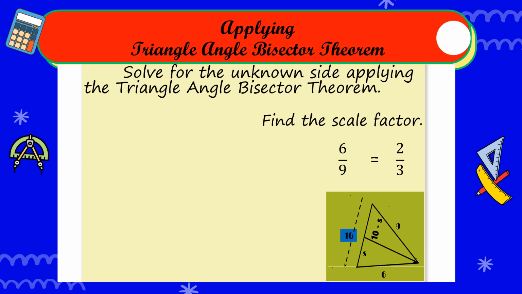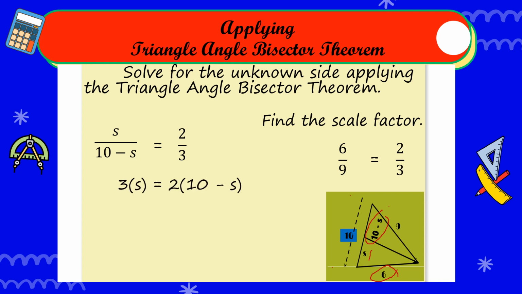We started our scale factor with 6, and adjacent to 6 is the segment s. So our ratio will be s over 10 minus s equal to our scale factor of 2/3, and then cross multiply.